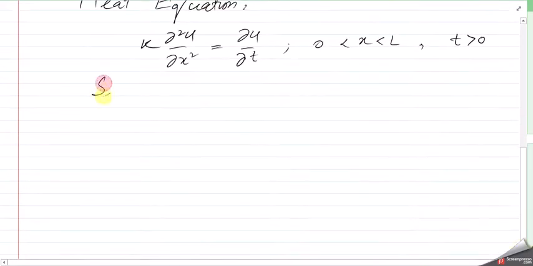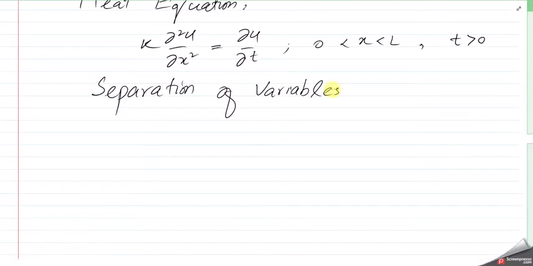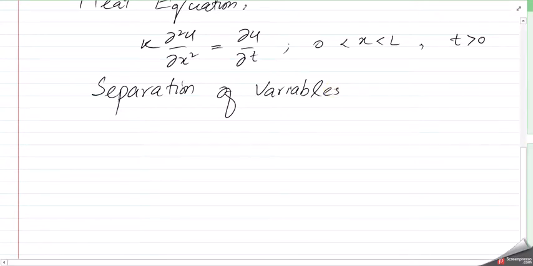The method we will use is called separation of variables. It's the same name as the method we used in the very first ordinary differential equations, but of course the method here is different. So here is how it starts.